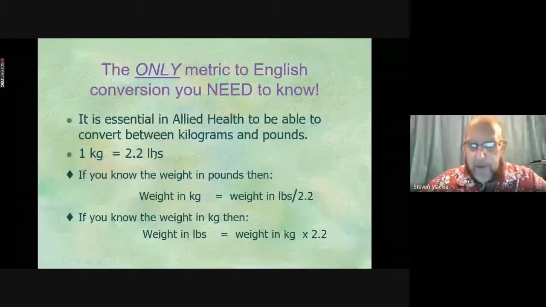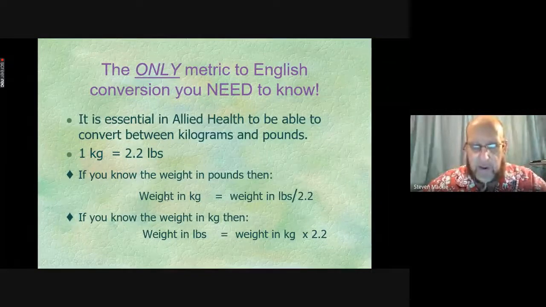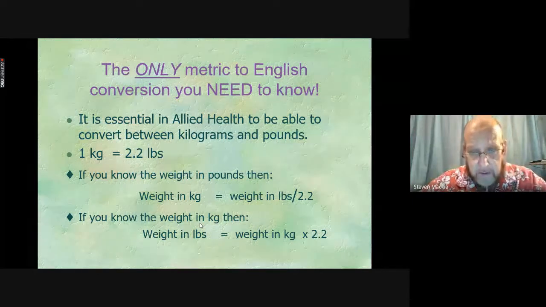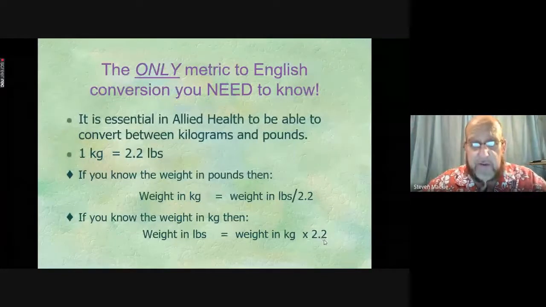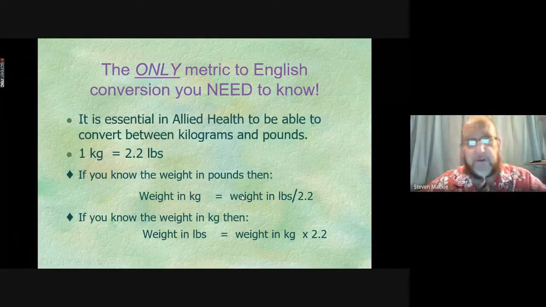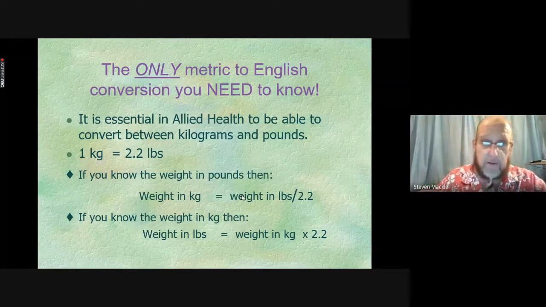If you know the weight in pounds, then you calculate the weight in kilograms this way: you take the weight in pounds and divide it by 2.2. If you know the weight in kilograms, then you use this formula: the weight in pounds is equal to the weight in kilograms times 2.2. So this conversion is the only metric to English conversion I'm ever going to ask you to know about, okay?